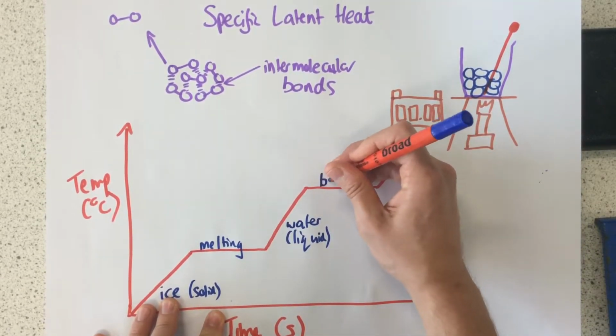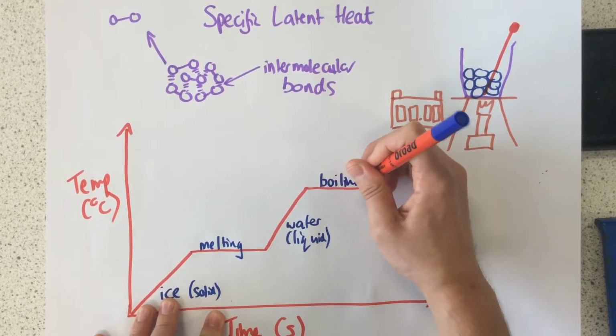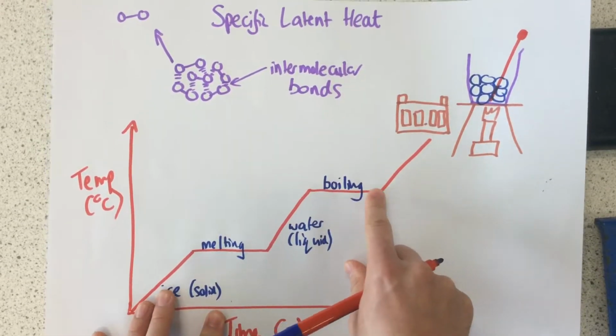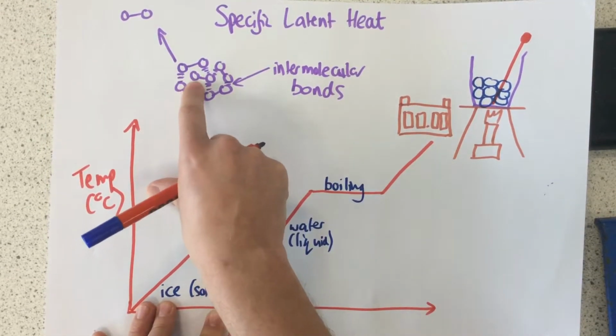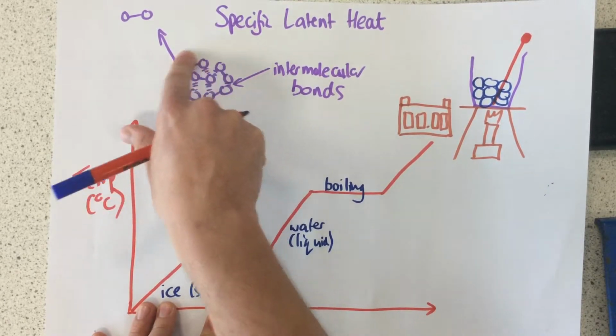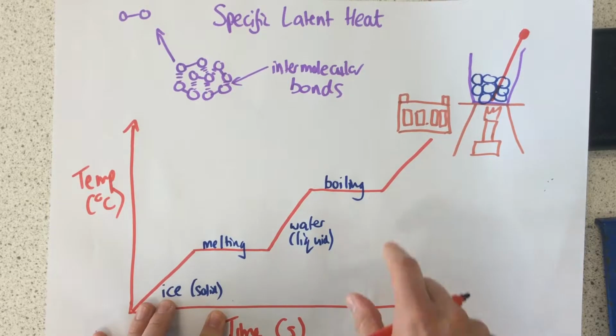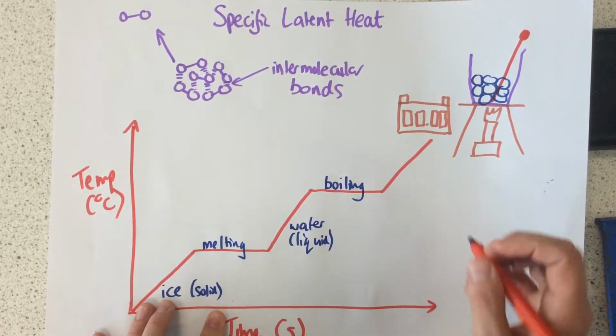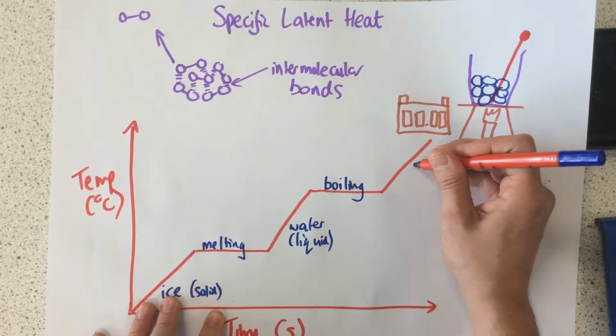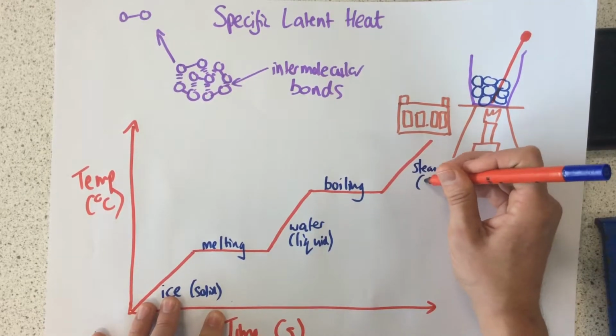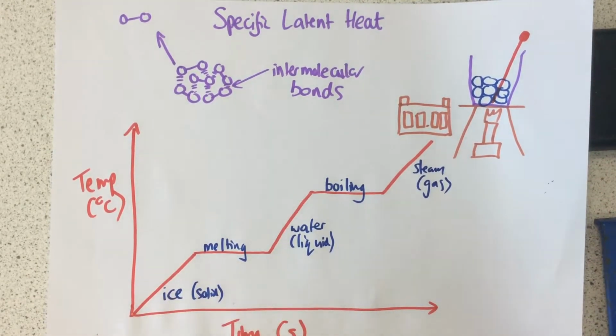This is when boiling has happened. Again, we're not having a temperature rise because all of that energy is going into breaking the intermolecular bonds between the water molecules in order to turn it into a gas. So this is when boiling is happening. And finally, this section shows steam, which is obviously a gas.